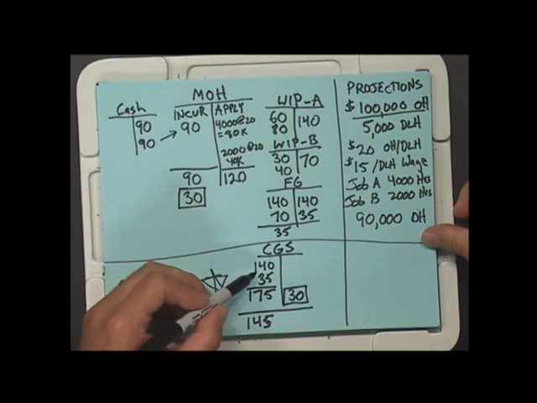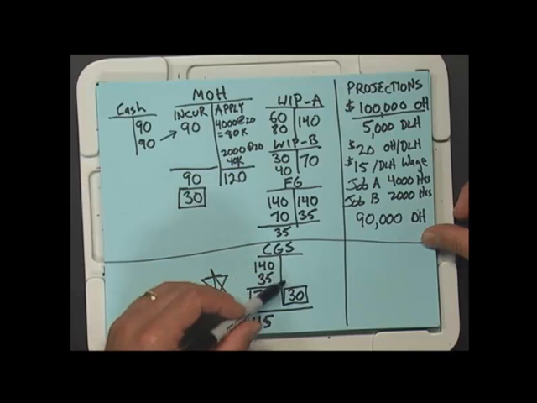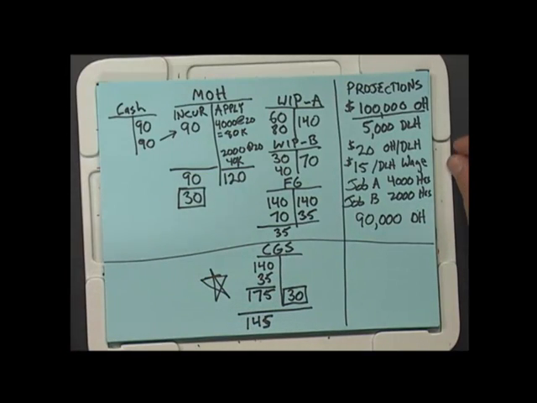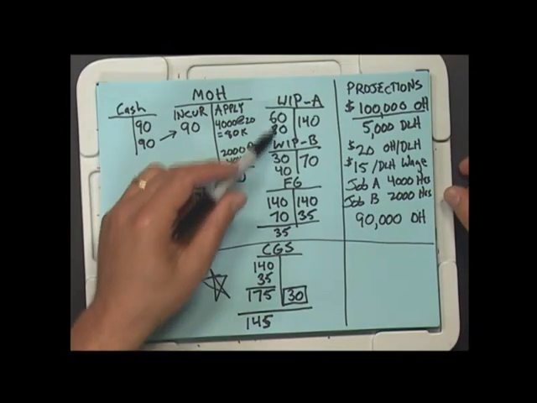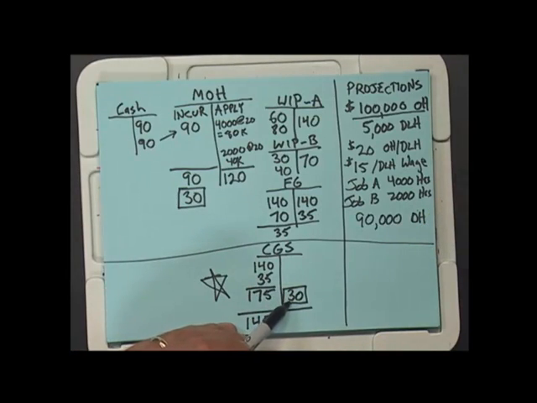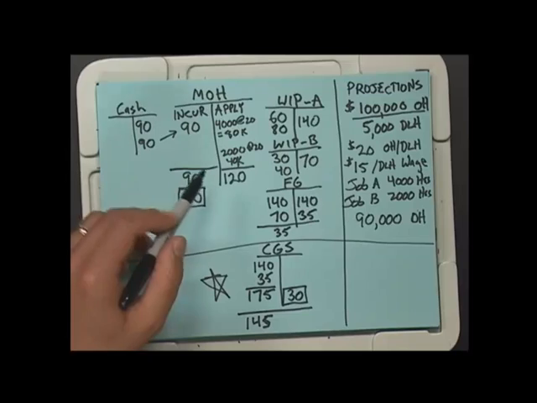But instead of adjusting essentially retroactively the costs that are applied to each individual job, what we do is we make one big adjustment, in this case reducing cost of goods sold by $30,000 to get adjusted cost of goods sold of $145,000.